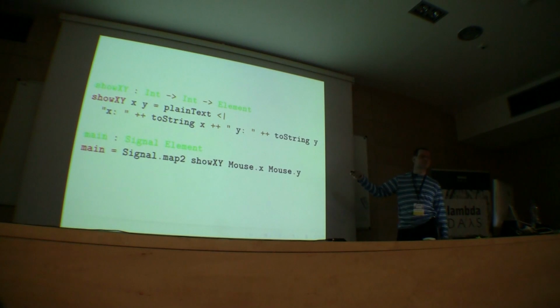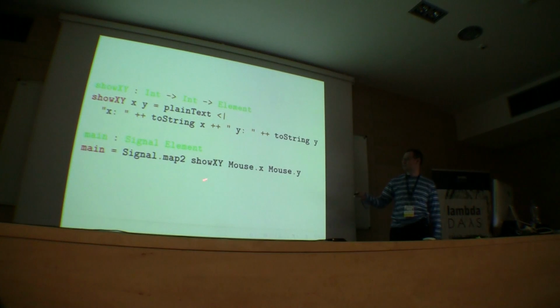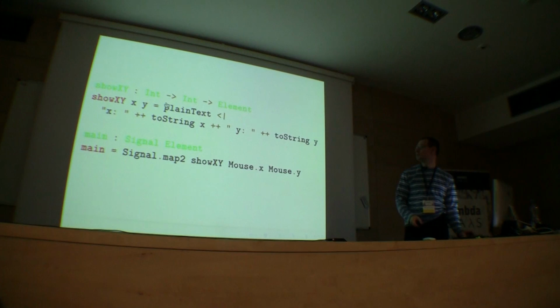This operator is a function of $. So instead of putting the whole thing into parentheses, I can use this operator, and it will calculate the whole value of this expression and give it as an argument to the function. So I have a map2 function, I have a function of two arguments, and I have two signals. That way, both values from both signals are combined together and can be shown.